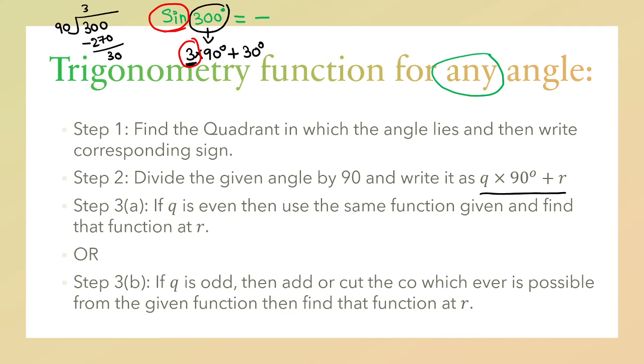That means if cos is given, I could not add one more "co" to it, but I can remove "co" from it and it becomes sine. If tan is given, I cannot remove "co" from it, I will add "co" and it will become cot. And after making these changes, you are supposed to find out that trigonometric function at the remainder angle r.